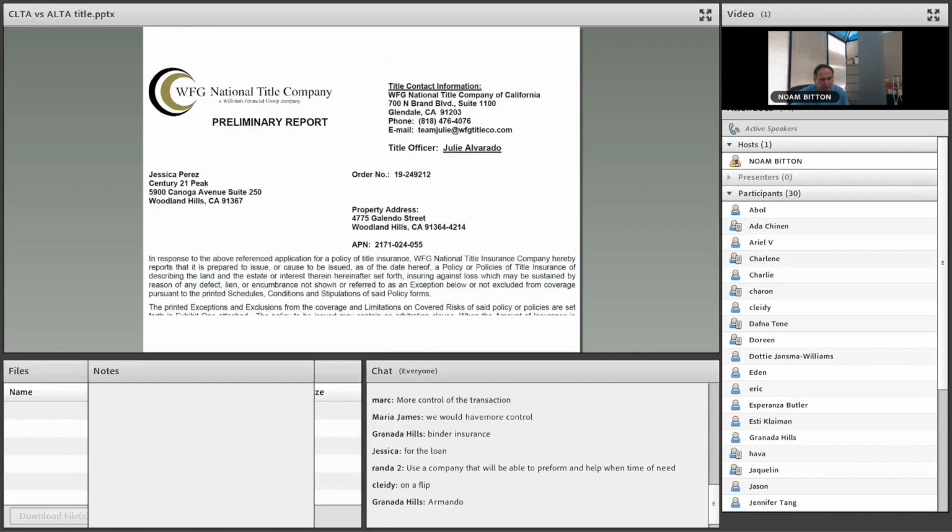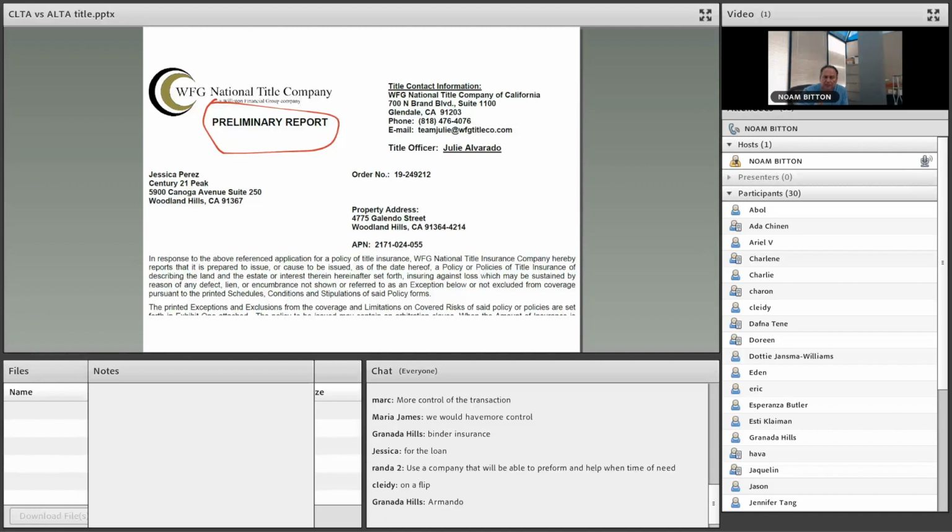So that's it. Okay. So this is how title insurance looks like. What does it mean? We get a preliminary report. This is not the property profile that you collect from the internet or from your cell phone, one of the services that our title companies provide us. But this is the prelim.